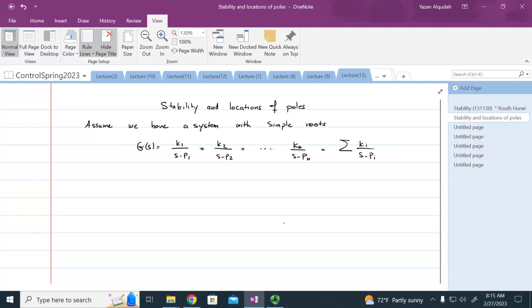Now if I calculate the impulse response, which is the inverse of the transfer function, I'm going to get g of t. What is g of t going to equal? K1 e to the p1 multiplied by t plus K2 e to the p2 multiplied by t all the way to Kn e to the pn multiplied by t, which is equal to the summation of Ki e to the pi multiplied by t.